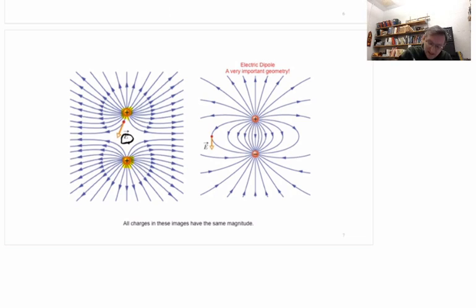In fact, if you imagine a line connecting them, and you're exactly at the midpoint right there, the electric field's exactly 0. The electric field is strong when you're at points near each charge, except right in the middle area there. And then it gets weaker as you go away from the charges.